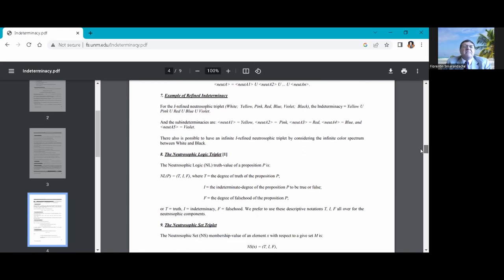A simple example of refining indeterminacy we have, for example, in a spectrum of colors. We have white and black, the opposite colors, but in between them we may have many nuances of colors like yellow, pink, red, blue, violet, and so on.